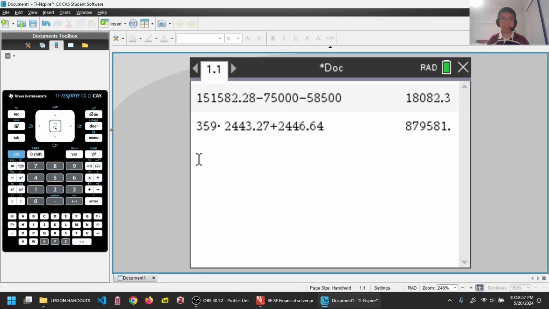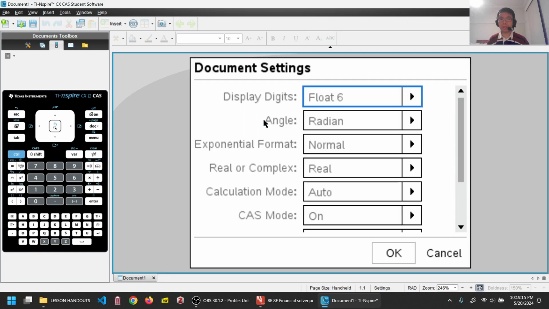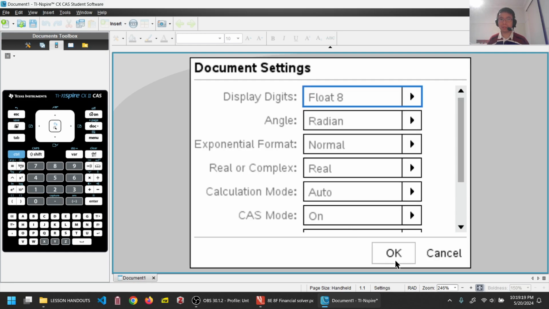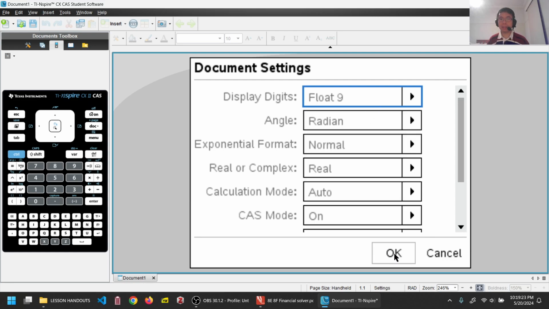No, I think it has actually. So if you're getting this as your answer, what we're going to need to do is change our settings. I'm going to go back to document settings: main menu, settings, document settings, and change it to say float 8 or more. That'll ensure that you get enough digits.